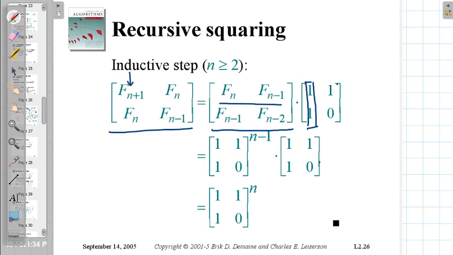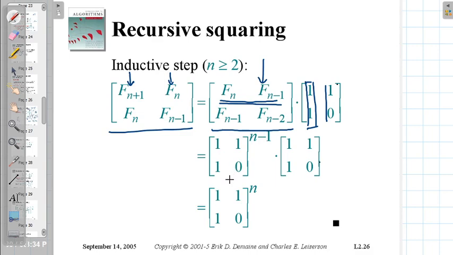Fn plus 1. And if I multiply this with this, I will get fn. So we can split this, and as I am assuming that this is true for n minus 1, I am plugging that value here.